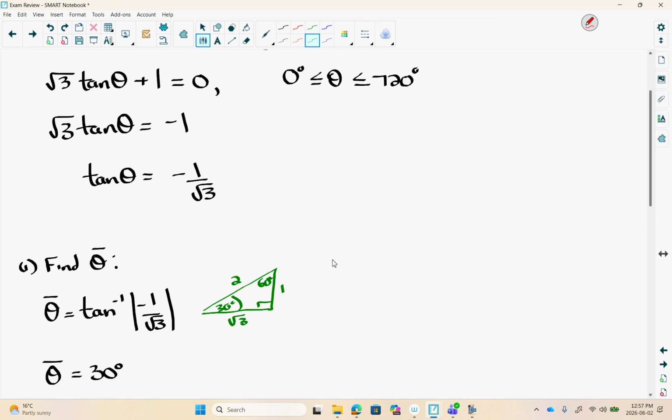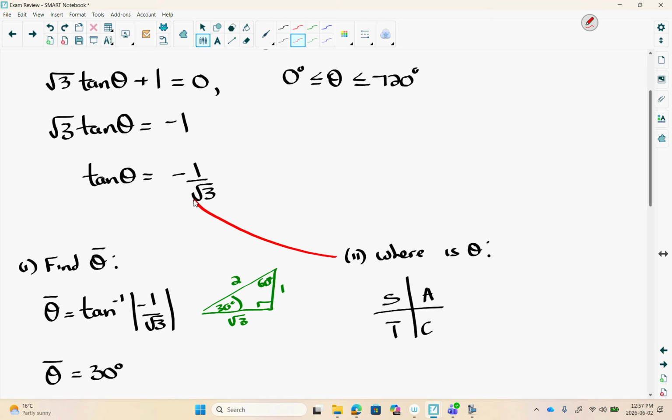Step 2 is to figure out which quadrant you would be looking in, or which quadrant are your answers in. So sometimes we ask this question, where is theta? We'll look at our CAST rule. And I'm going to focus on this sign right there.